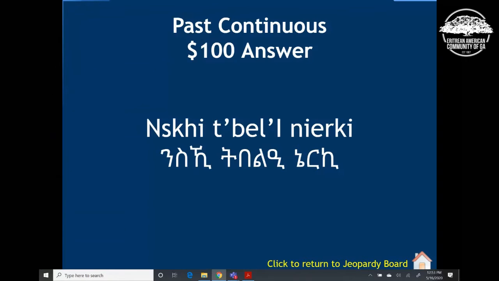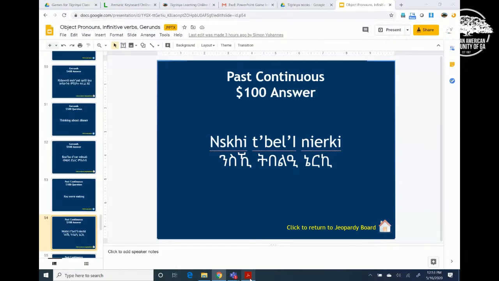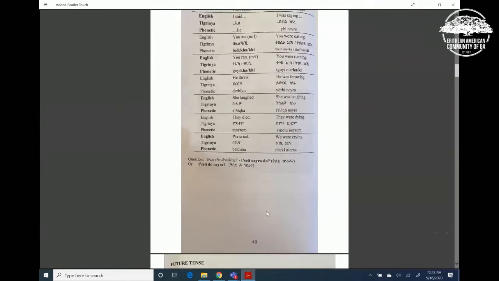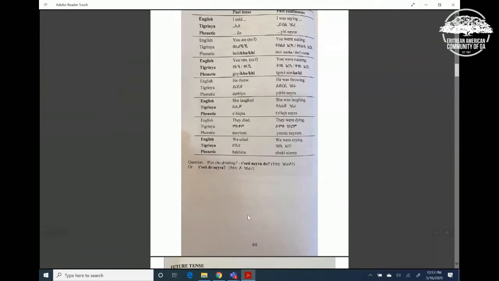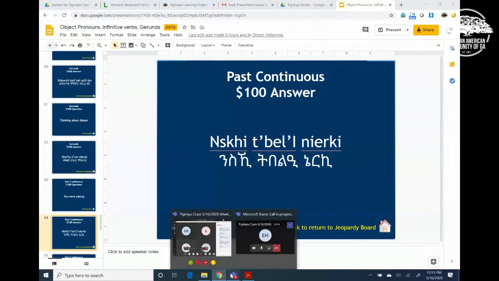So for 200 points, I want you guys to try and remember this format. And if you have the book in front of you, it should be on page 40, just to get an idea. Use it as a cheat sheet to guide you, okay? And for those who don't have the book, we do have a PDF copy.